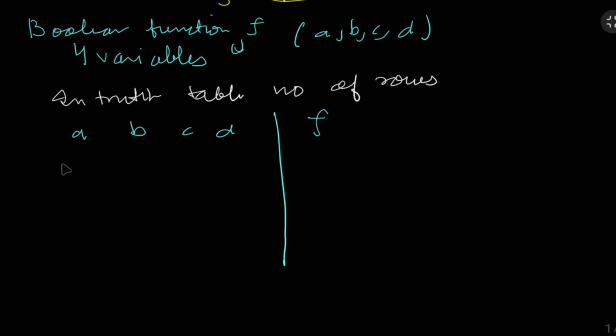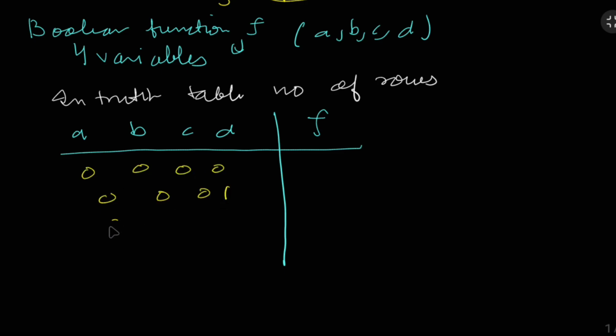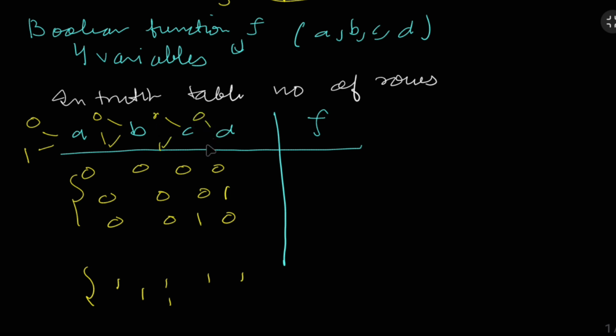You'll notice that there will be 0 0 0 0, 0 0 0 1, 0 0 1 0 to 1 1 1 1 and so on. Why? Because each of them has two choices, either 0 or 1. A can be 0 or 1, B can be 0 or 1, C can be 0 or 1, D can be 0 or 1, right? So that is how it works.